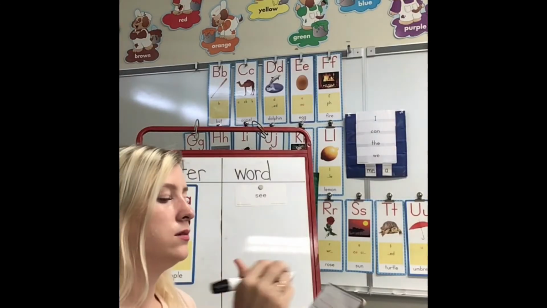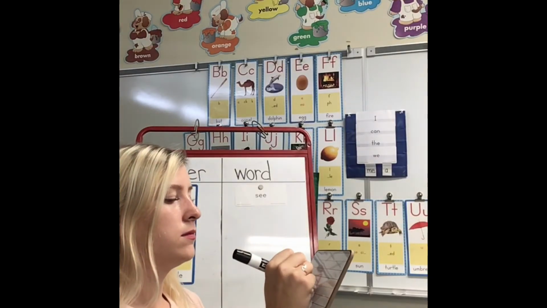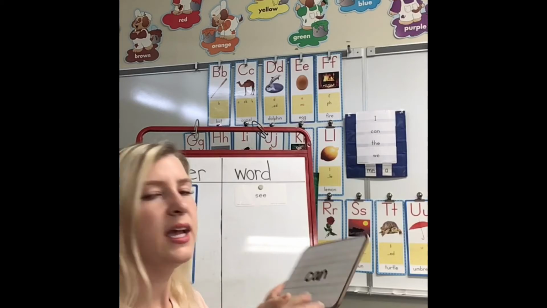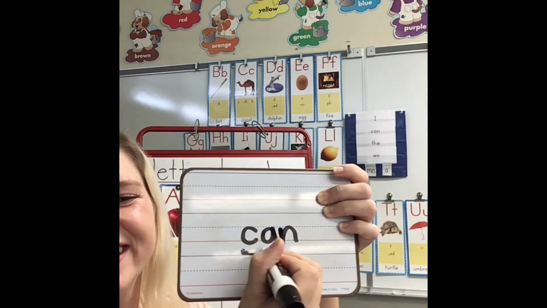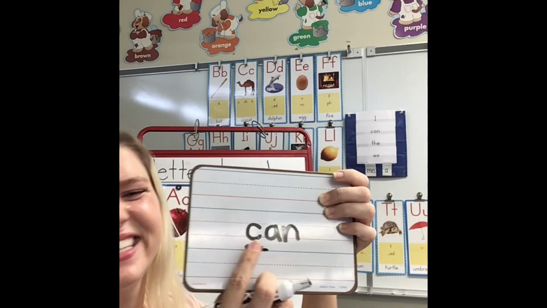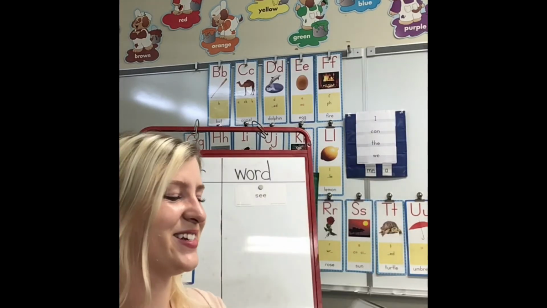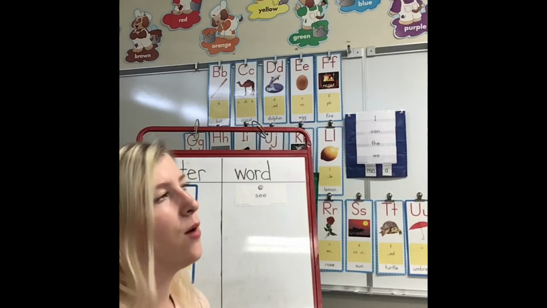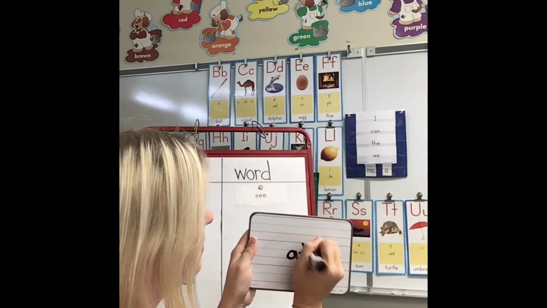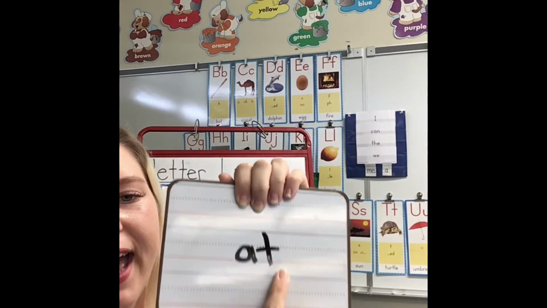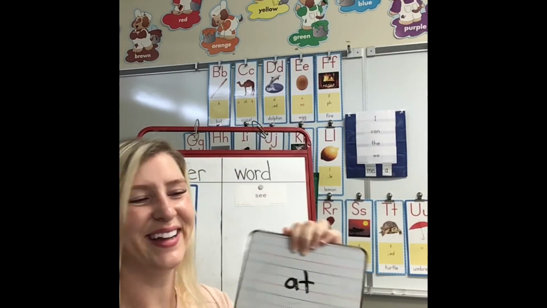How about can? No, can starts with the K sound, the letter C. Can doesn't start with A. I tried to trick you. Let's think of one more word. I've got one. At. Like I play at the park.